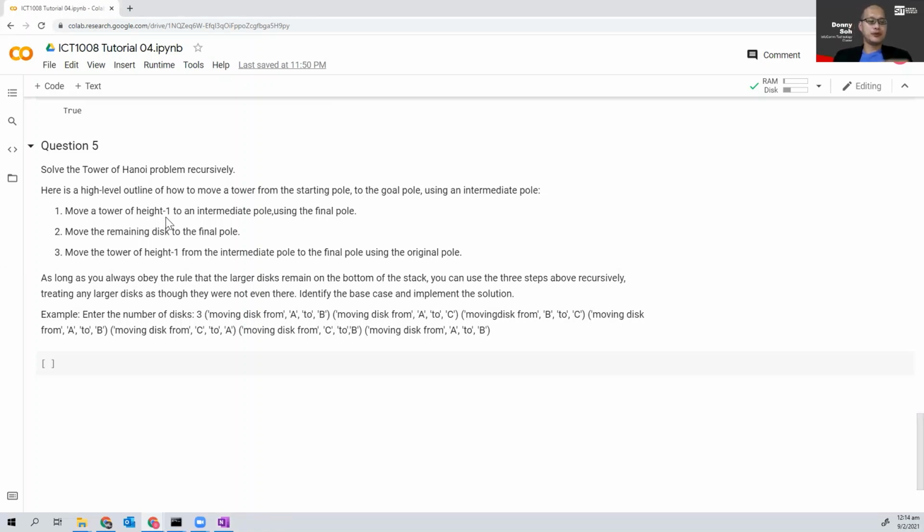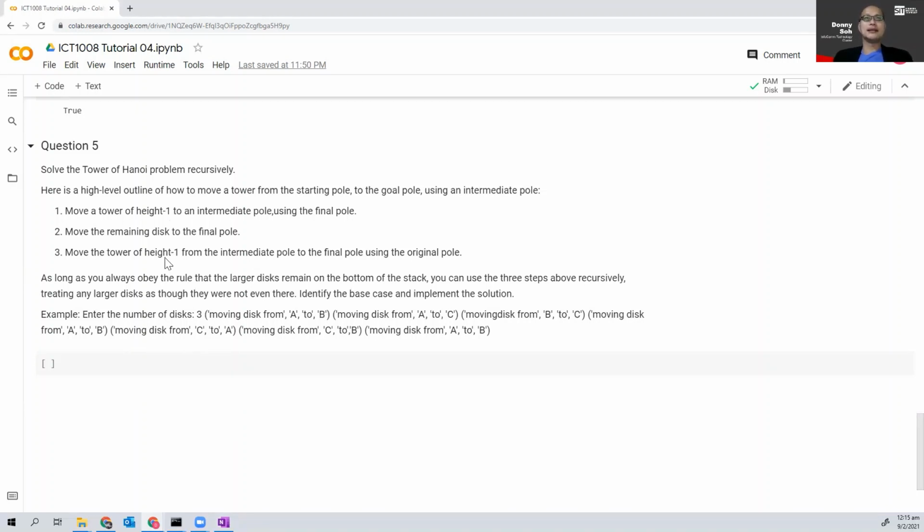And then I move the last one to the final pole. And then I move the intermediate pole to the final pole. Okay, so that is the so-called algorithm, the recursive idea.